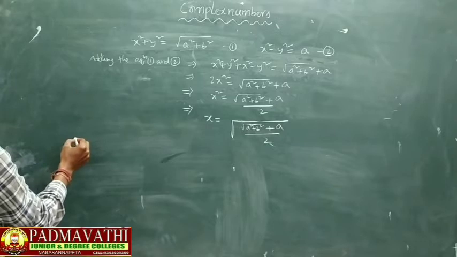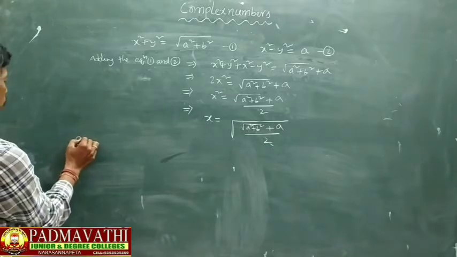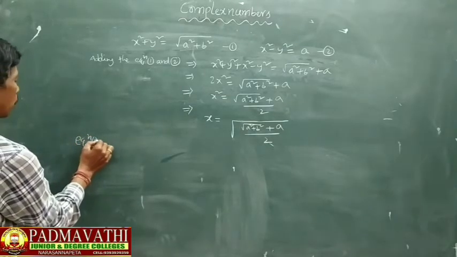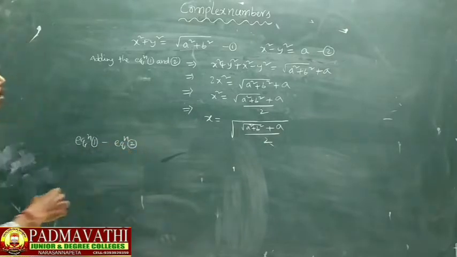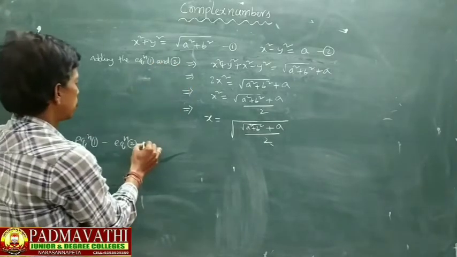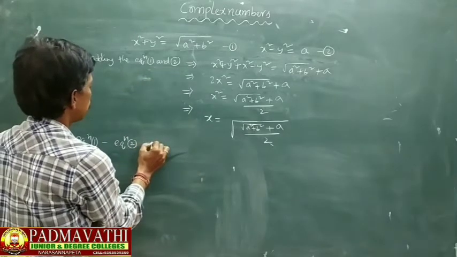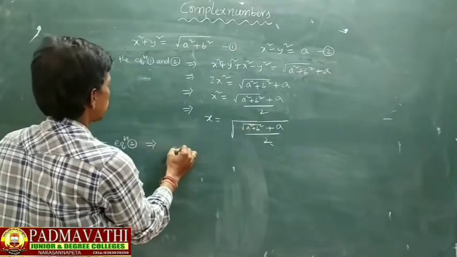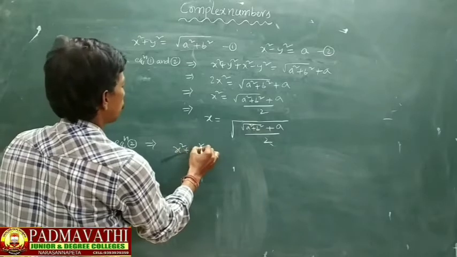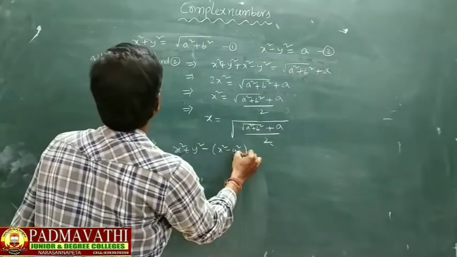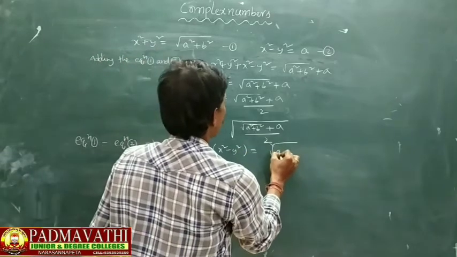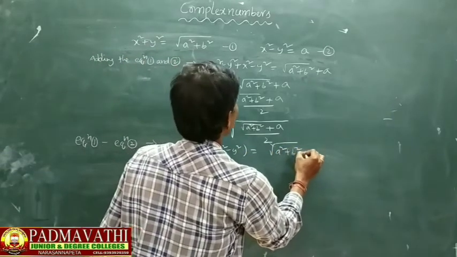Now equation 2 minus equation 1, subtracting these two equations, that implies x square plus y square minus (x square minus y square) equals root of a square plus b square minus a.